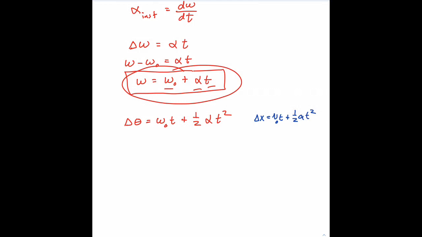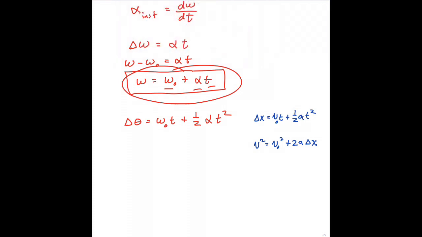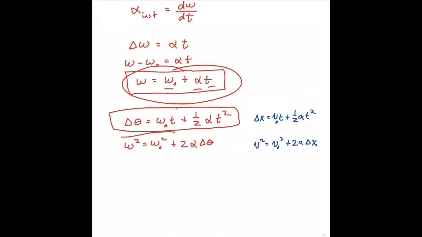In fact, we have another linear equation that says final velocity squared equals initial velocity squared plus 2a delta x. So you might be able to guess at our fourth and final angular kinematics equation. Final angular velocity squared equals initial angular velocity squared plus 2 times angular acceleration times angular displacement.